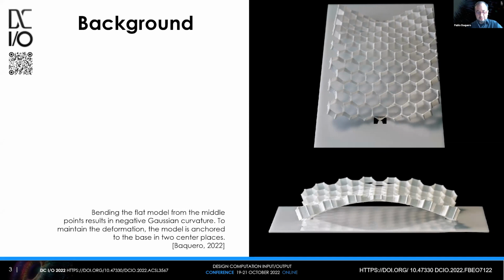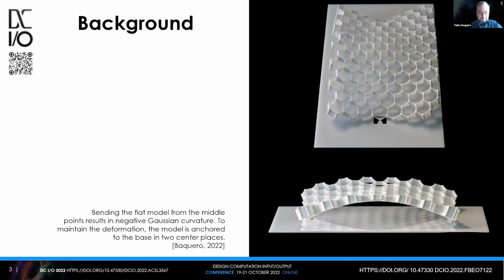Most of the time, the applications of these kinetic structures for architecture are kinetic pavilions, temporary structures, and retractable roofs. The advantage is that you can make it by components in the factory and later deploy them on site.